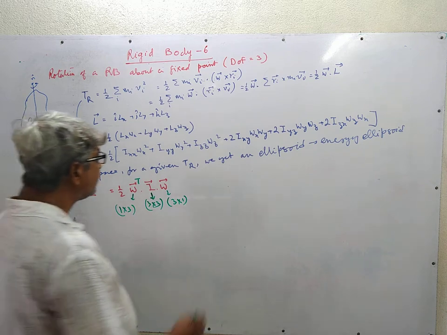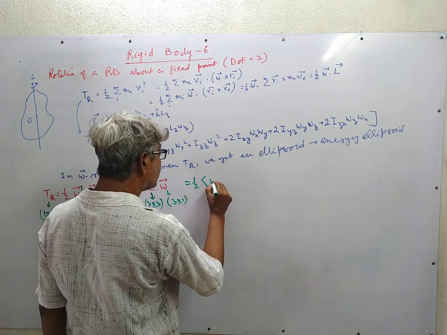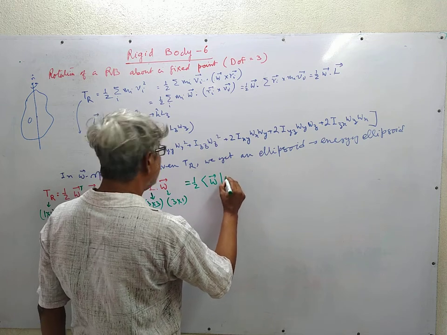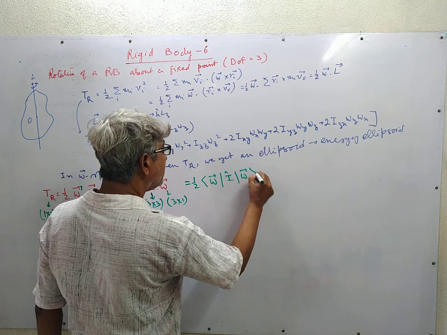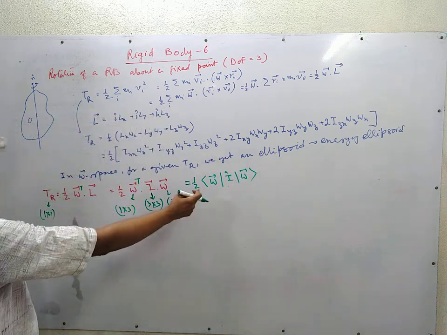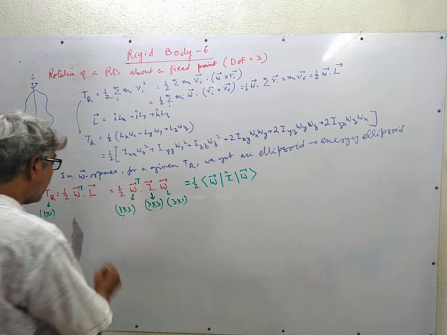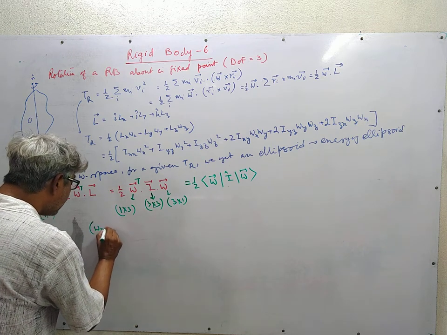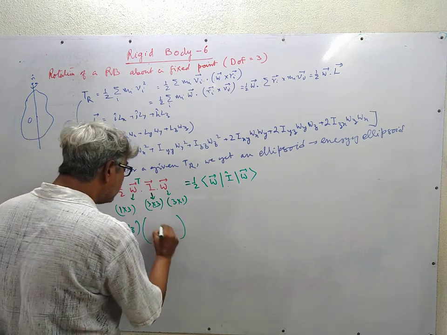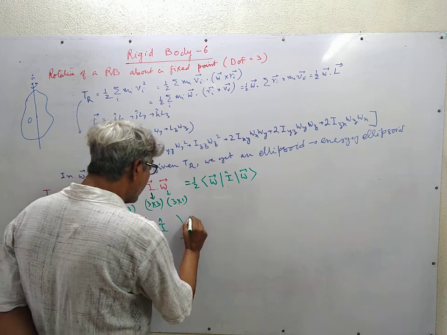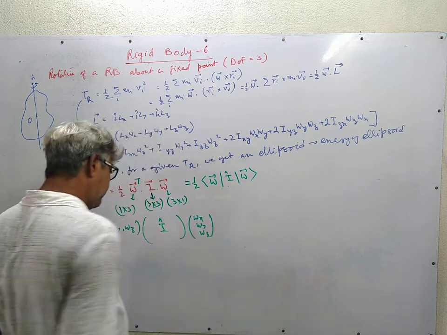That could be written in a much better form by using Dirac's bracket notation. This is bra omega, I tensor, ket omega, which implies that it is a row vector. If we write it explicitly, this is omega x, omega y, omega z, then we have the I tensor, and then we have a column omega x, omega y, omega z.